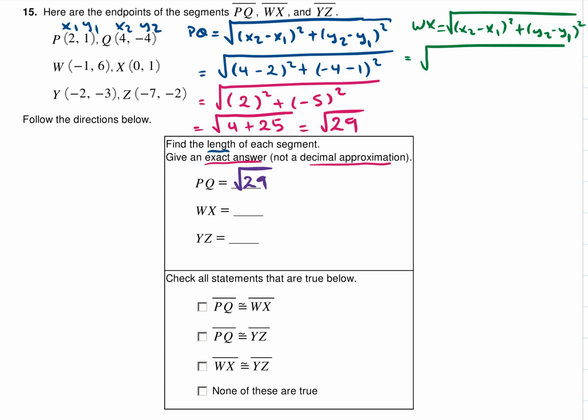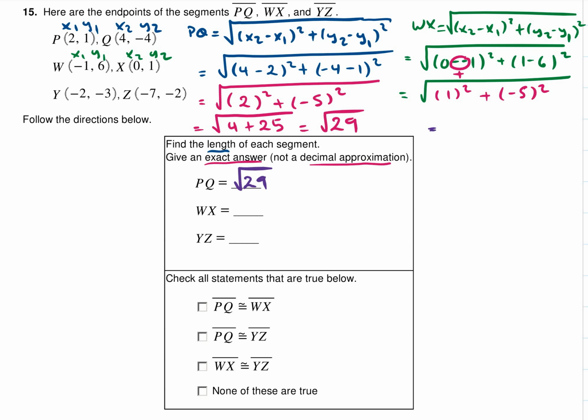So I'm going to label WX, that will be x1, y1, x2, y2, and we will plug it in. 0 minus 1 squared plus 1 minus 6 squared. Two negatives make a positive, so 0 plus 1, which is 1 squared, plus negative 5 squared. That will give me 1 plus 25. That would be 26. Square root of 26 for WX.